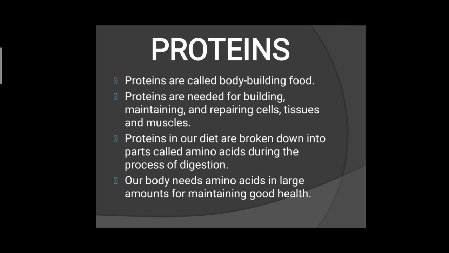Then the proteins in our diet are broken down into small parts, which we call amino acids. During the process of digestion, the proteins are broken down into amino acids.